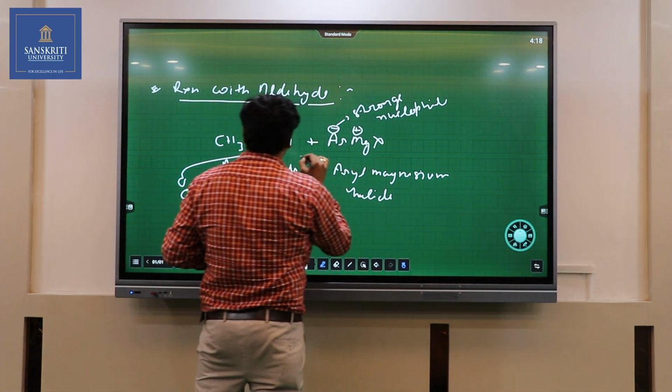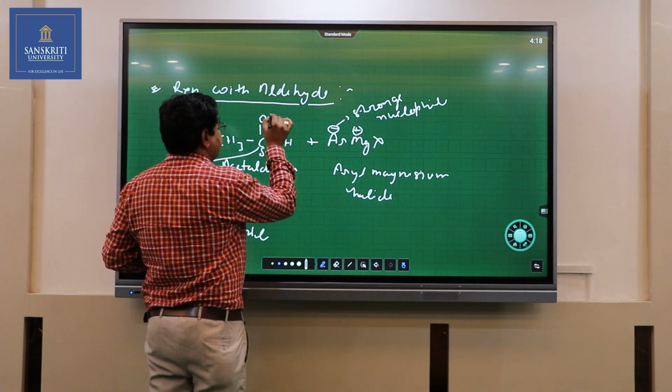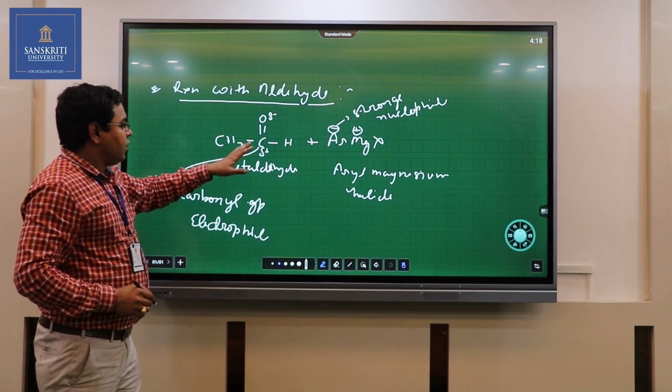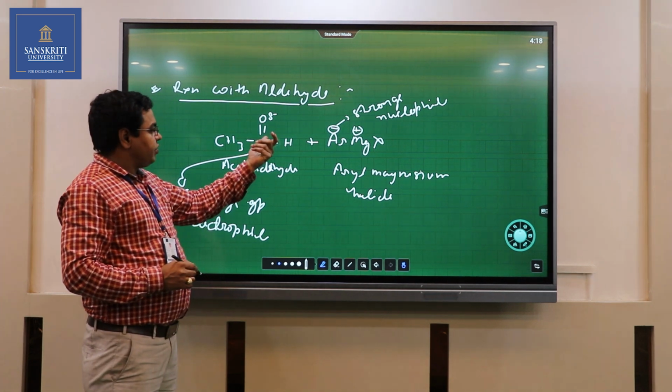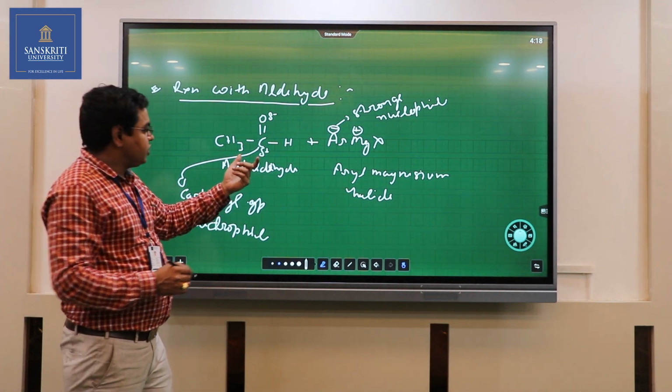This is a plus sign. These signs are obtained according to the electronegativity difference between the two atoms.